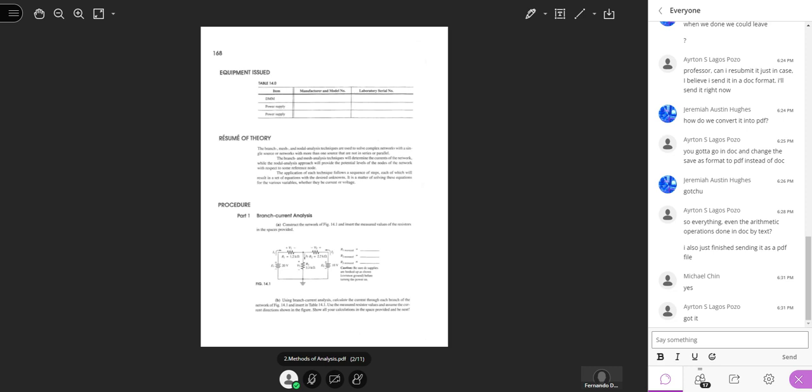So I have a lab one from Ayrton Lagos Pozo. I have a lab one from Alzate Gustavo. I have a lab one from Alejandro Paez. I have a lab one from Oscar Vilasis.